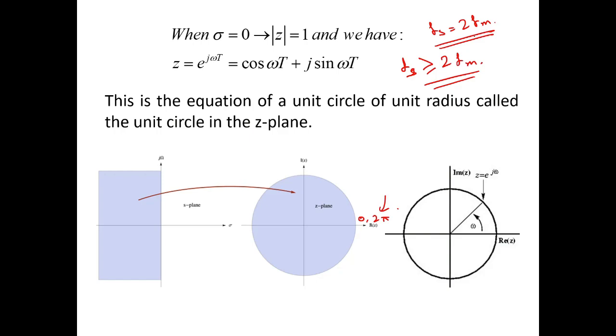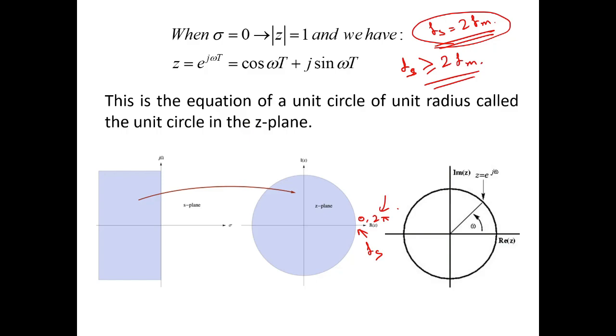So we can clearly see over here fs should be greater than fm. Herein, what is the greatest frequency we have? Greatest frequency is 2 pi. So at this position we should have f of s.